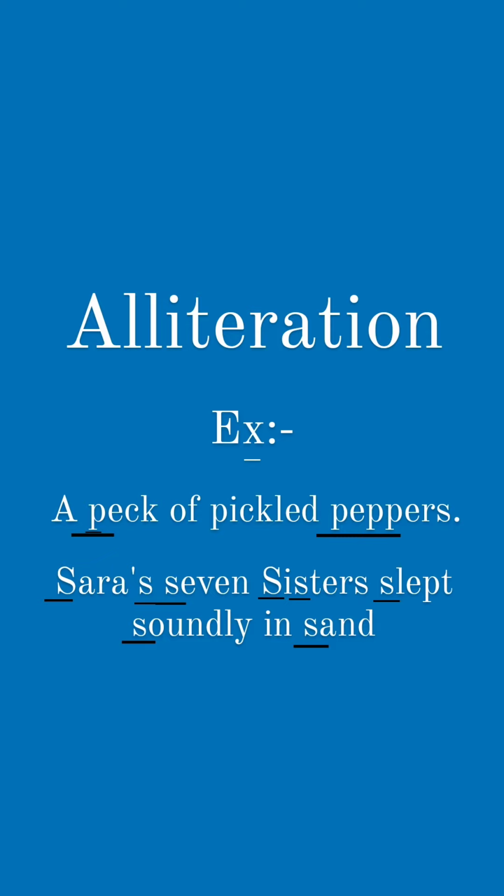Here you can see the repetition of the consonant P, so that's why there is alliteration. One more example is Sarah's 7 sisters slept soundly in sand. Here you can again see the repetition of the consonant S. It means here is alliteration. I hope it is clear to you.